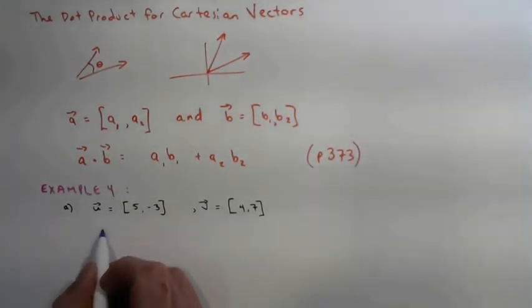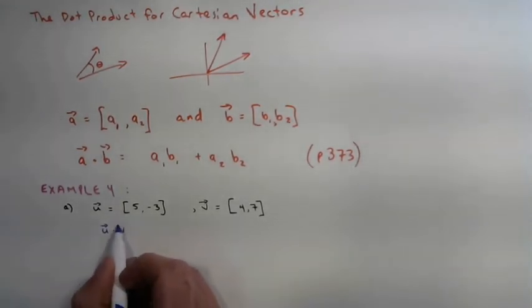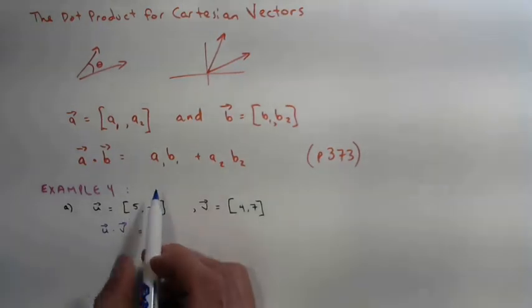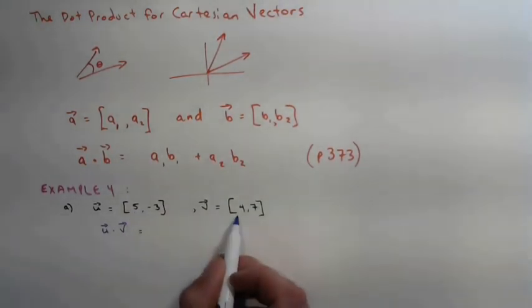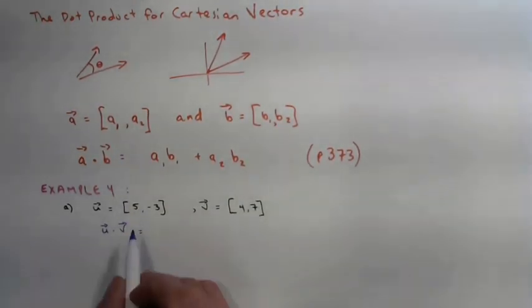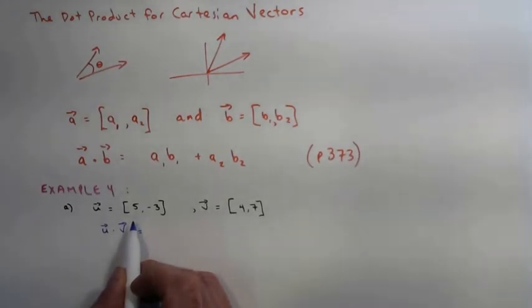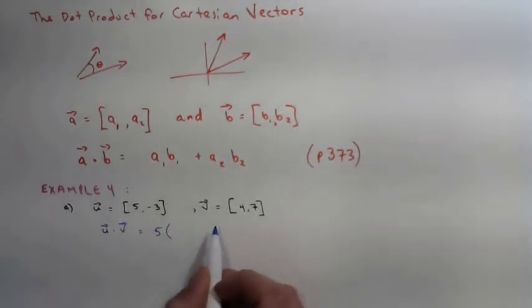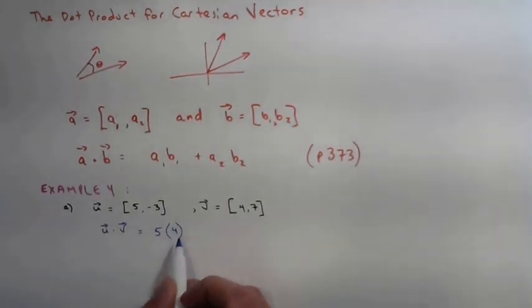So u dot v is equal to, according to our definition up here, we just need the first value. So we typically take the first value, u1, which is 5. We're going to multiply that by v1, which is 4.